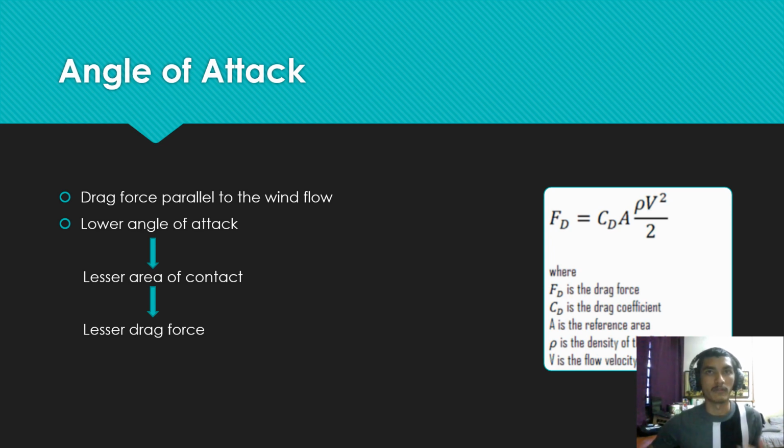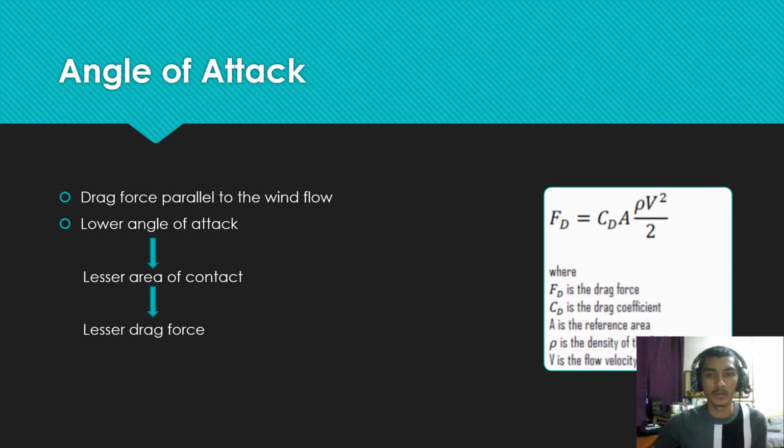The purpose of making the airfoil achieve a higher lifting force even at a lower angle of attack is to minimize the drag force that is generated by the friction between the surface of the airfoil and the wind. Drag force acts perpendicular to the lift force, like this, and in parallel to the wind flow.